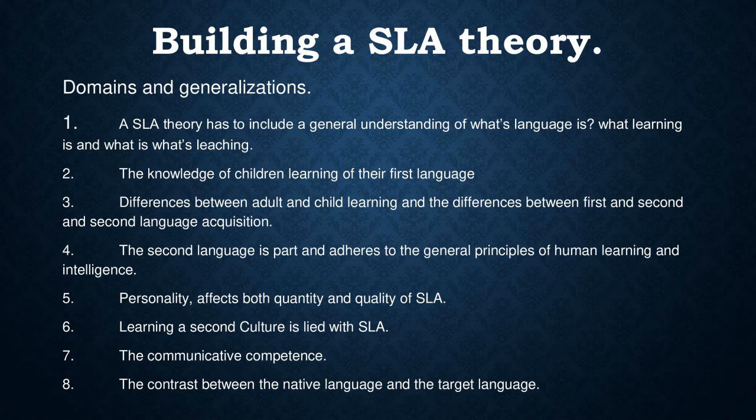The contrast between the native and target language forms a difficulty in learning a second language, but the creative process of forming an interlanguage system implies that the learner uses many facilitative sources and resources. The errors are inevitable aspects in the process, but the learners and teachers can gain more information about them.